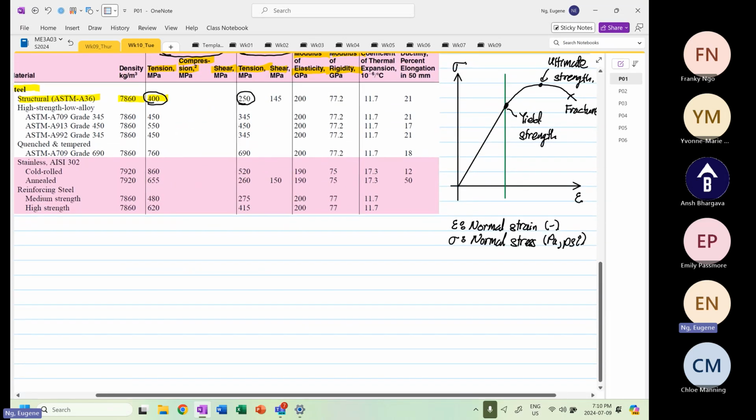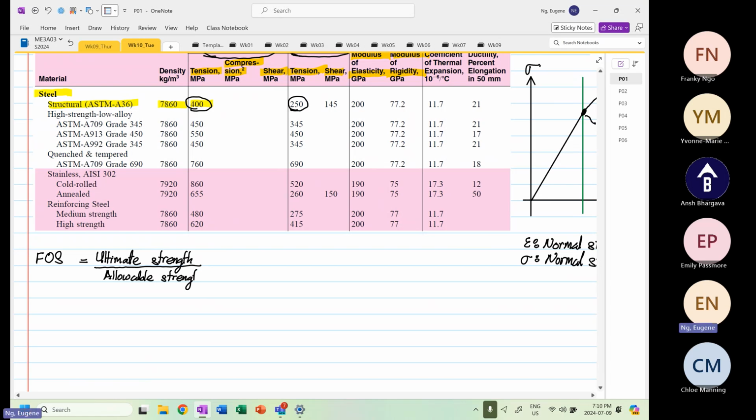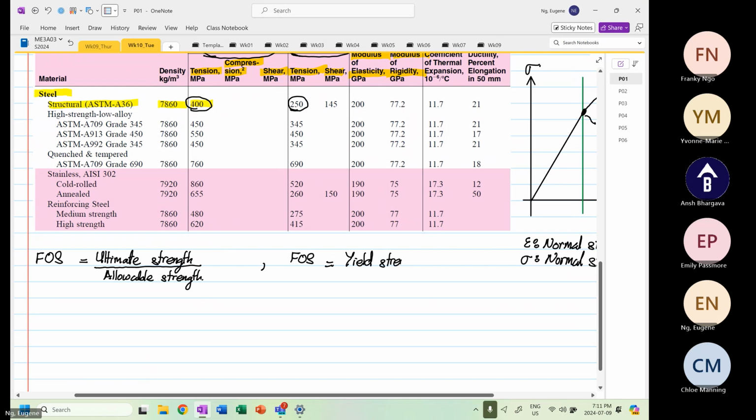The factor of safety can be equal to the ultimate strength divided by the allowable strength, or the factor of safety can also be the yield strength divided by the allowable strength.